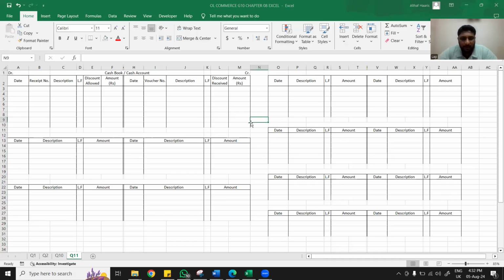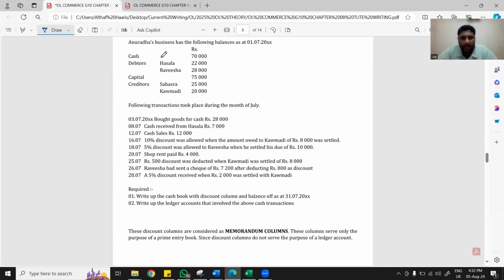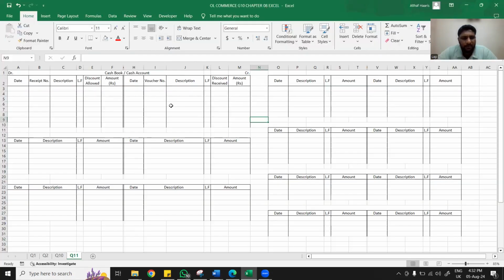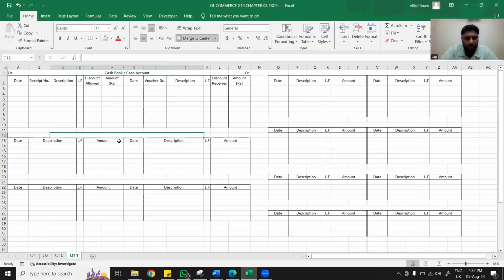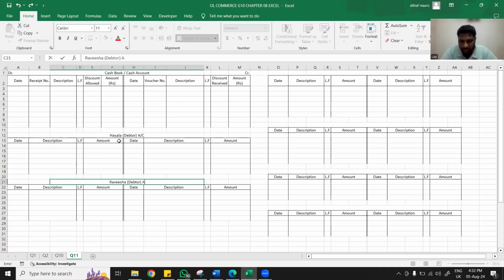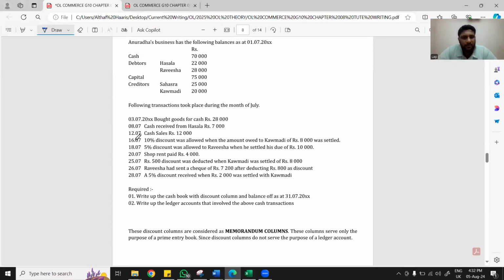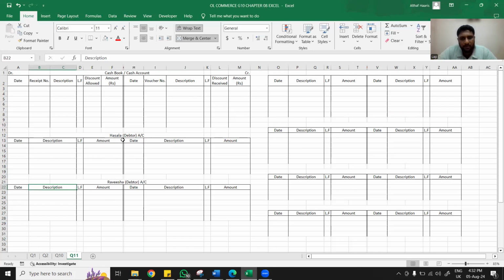And we'll write the names of everything. Cash, and we have debtors, Hustler debtor, Ravisha debtor. Then we have the capital account.